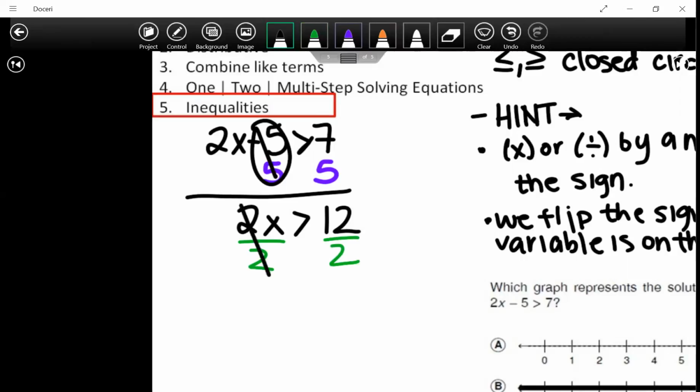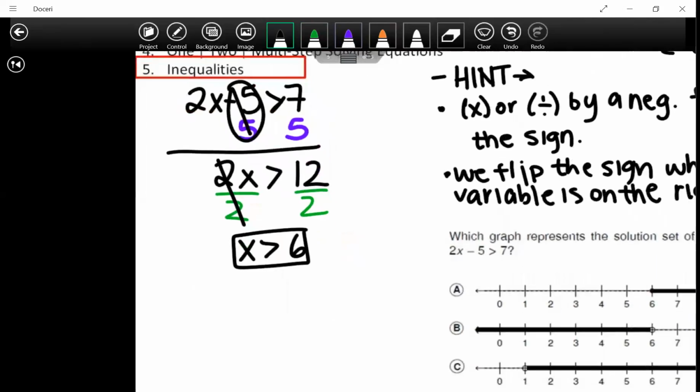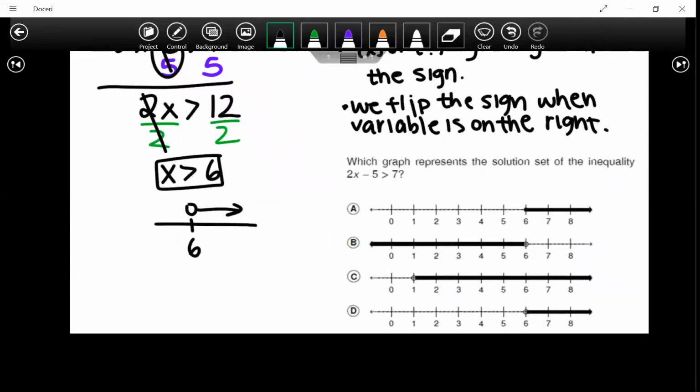So the 2's cancel out. x is going to be greater than 6. It's an open circle going to the right because my variable's on the left, so I'm okay with that. It would be on my number line where 6 would be. In this case, it would be D.